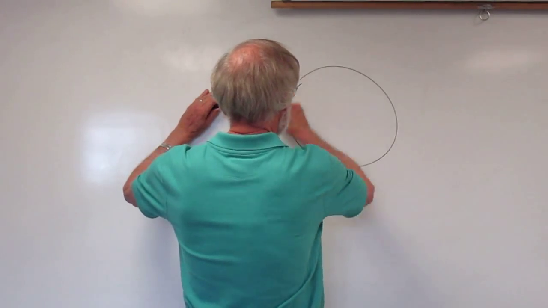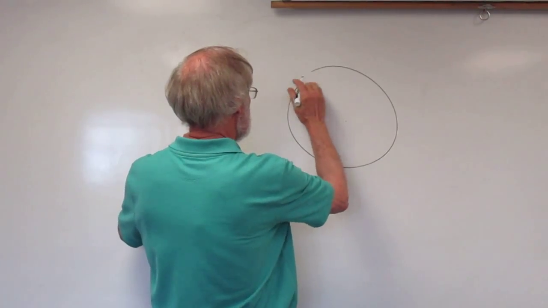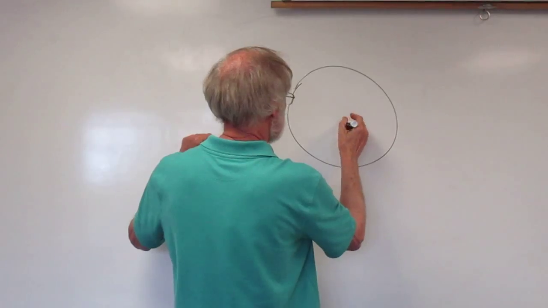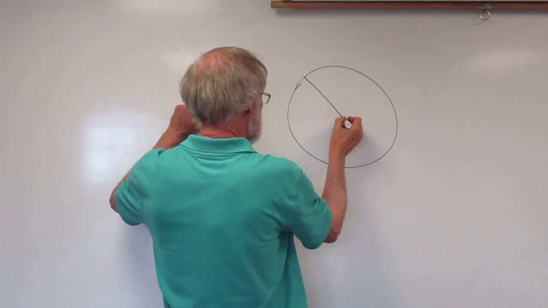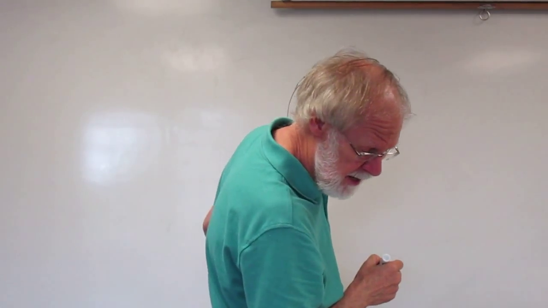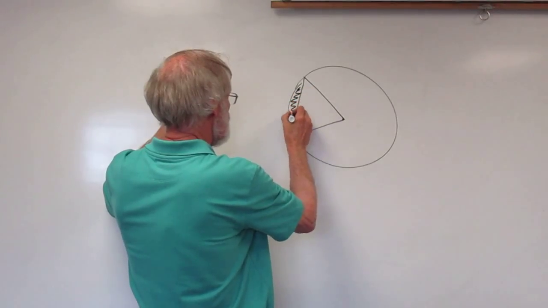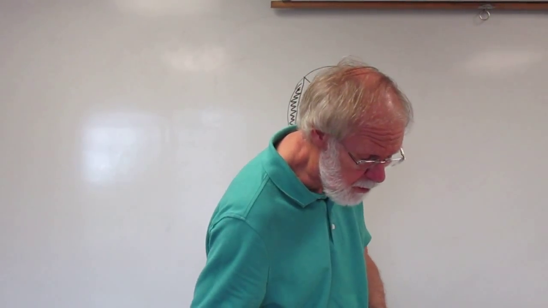Here we have a circle, and we have a triangle here. From the center, we have a triangle that looks like this, and what we're interested in is the area of that shaded region, and that's all we want.